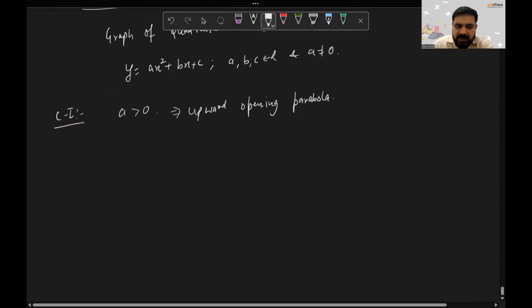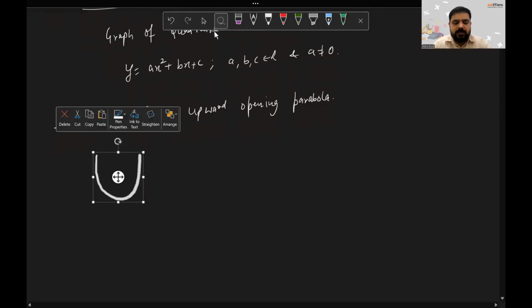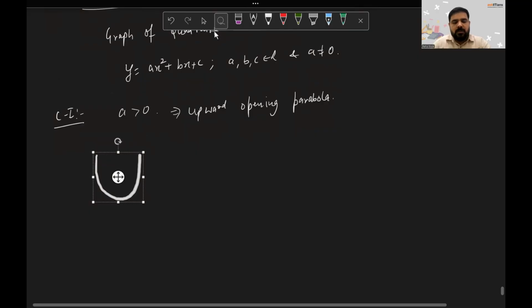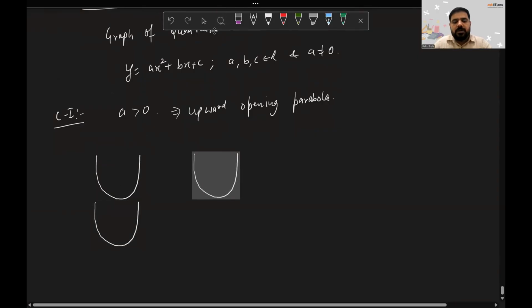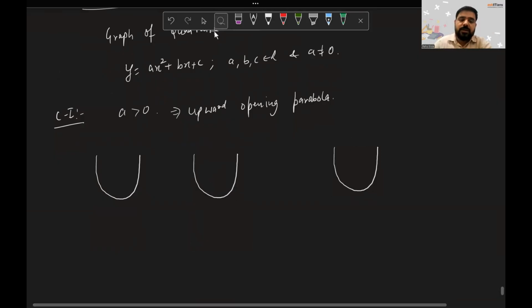So this is how the graph will look. Let me draw it once again, something like this. And I'll make a copy of this, because I'll be using this multiple times. One more time I'll take it. You'll understand why I'm making three different copies.